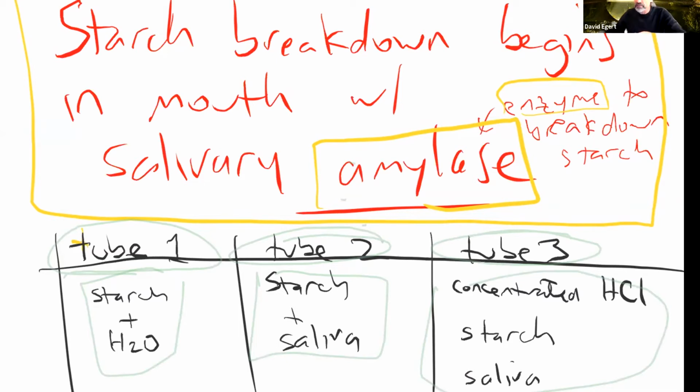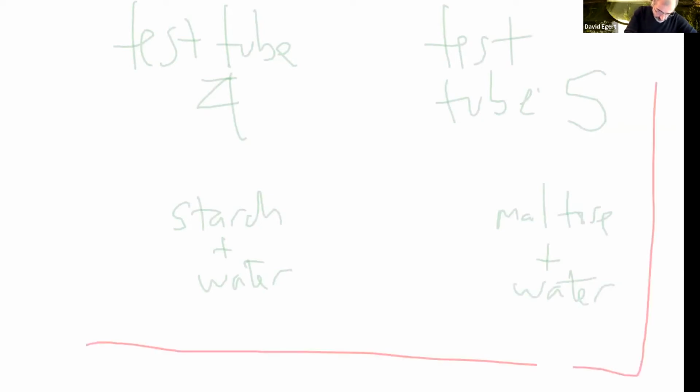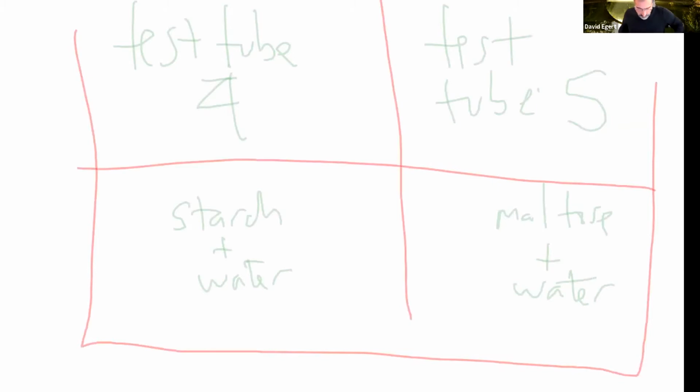Let me just talk about that super briefly. This is just going to be starch and water. This is going to be maltose and water. The reason we do this is basically to validate our assay.